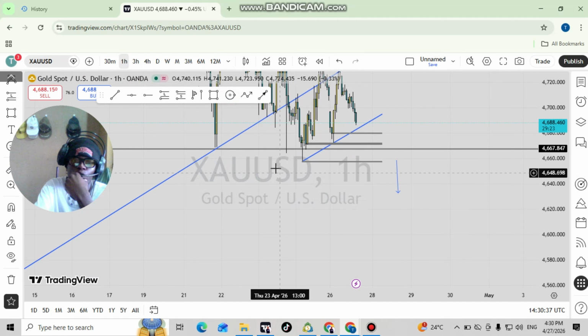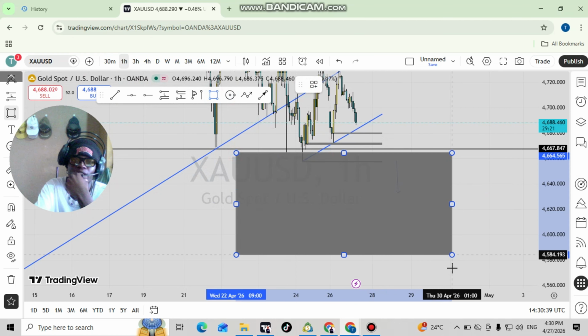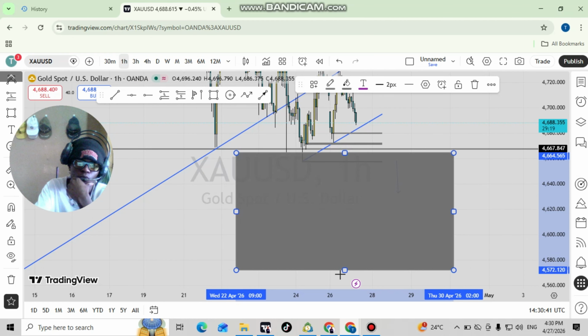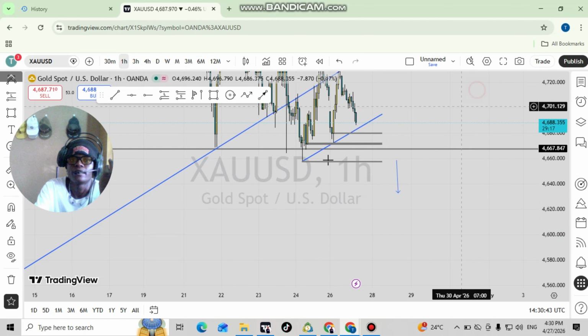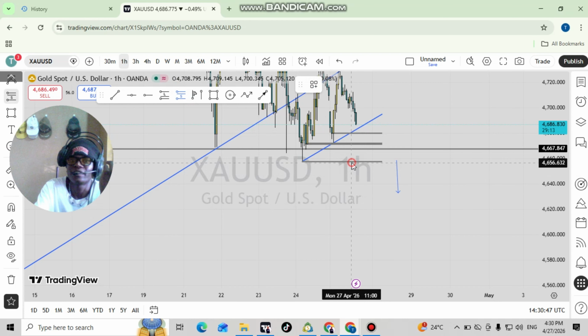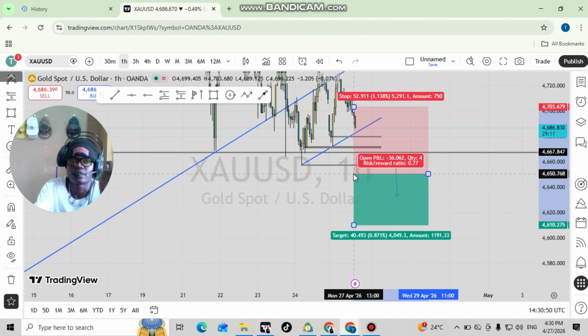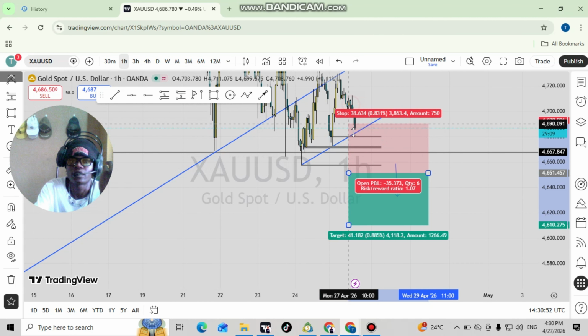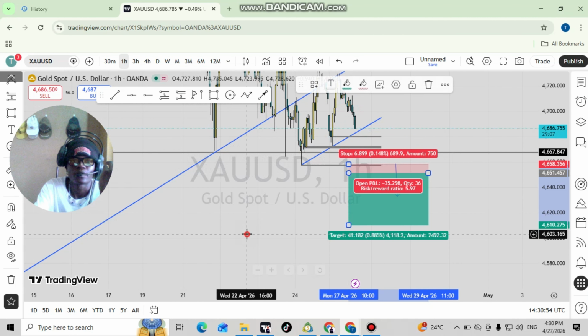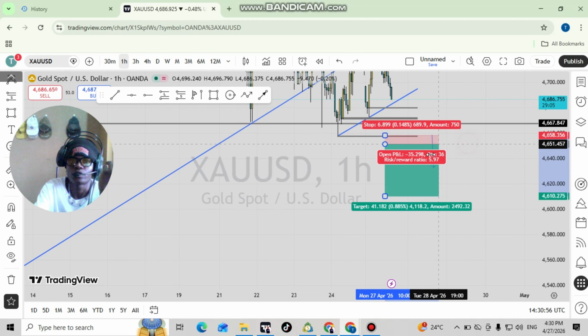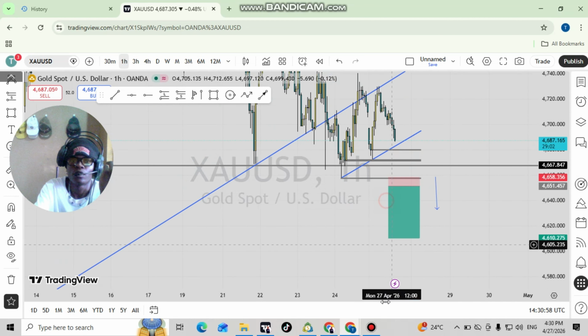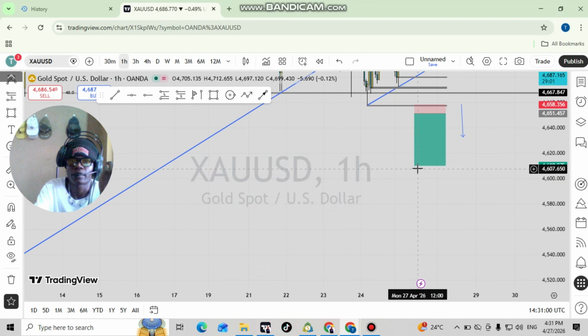That's where I will be very happy to enter sells. I will be very happy if I see price playing below those areas. I don't mind waiting, so I know that I can push price to the downside.